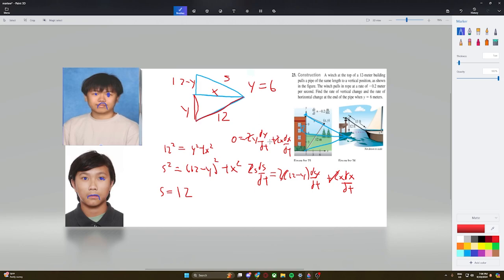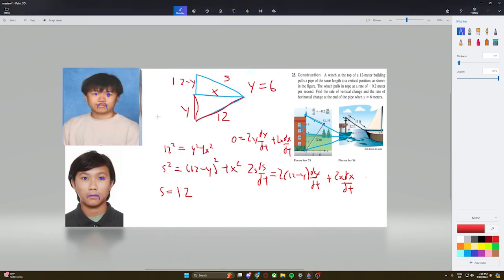If we're solving for dy/dt, it would be dy/dt equals negative dx/dt times x over y. So dx/dt equals negative y over x dy/dt.